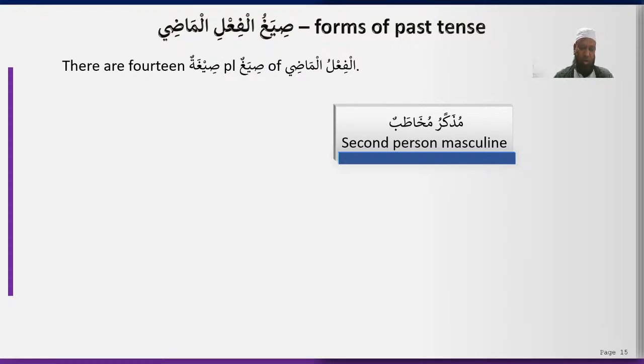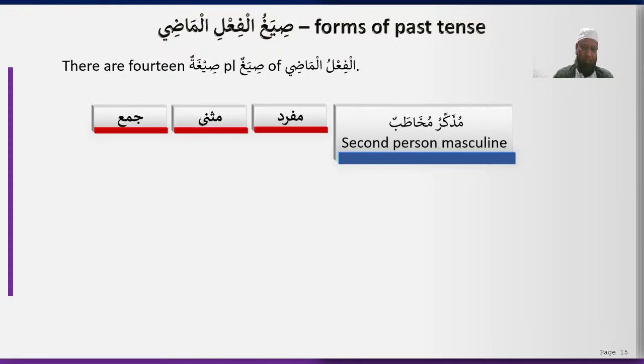When you mention a name, that means third person. When you say you, that is second person. Again, mufrad, muthanna, and jama'. So remember those ta'ul fa'il, you need to add them here one by one.